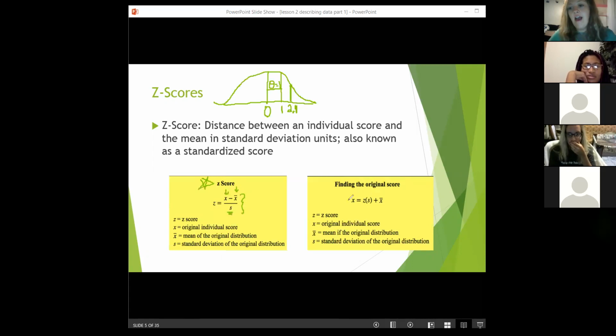And this over here is just algebraically switching this one around, so it's not really a new equation. You could find this using this equation too, but it makes it easier to see that this is your original score, and then this is how you do it.